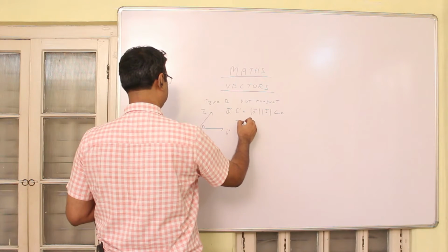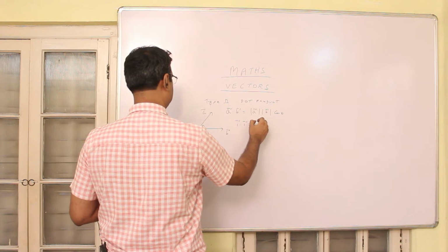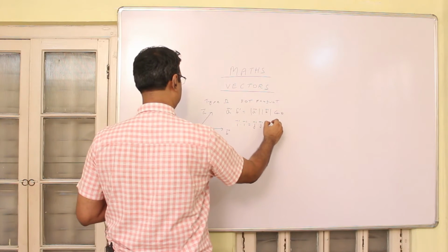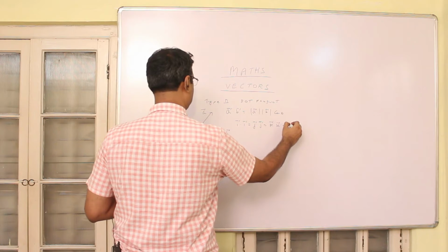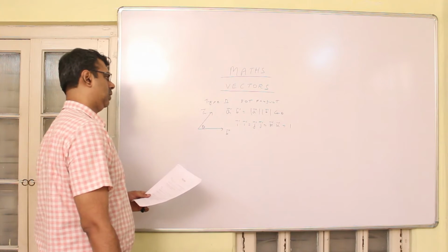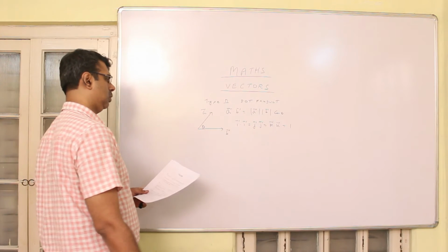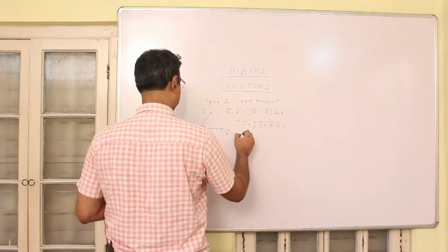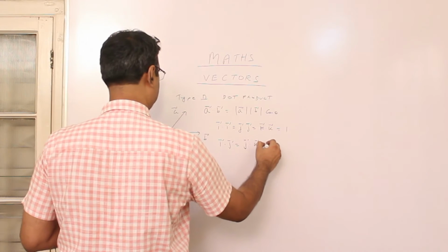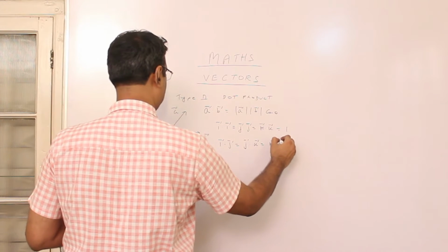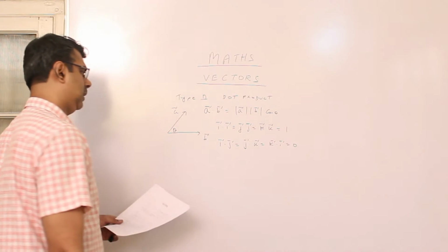Now, thanks to physics, you are already familiar with orthogonal triad of vectors. You will be able to easily verify that i dot i, j dot j, k dot k all are equal to 1. Secondly, i dot j, j dot k and k dot i all will be equal to 0.